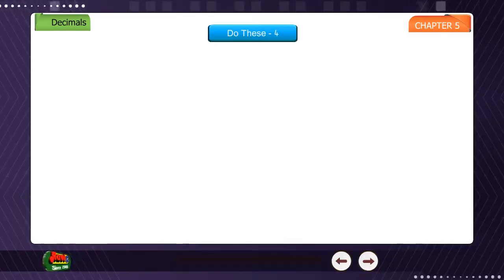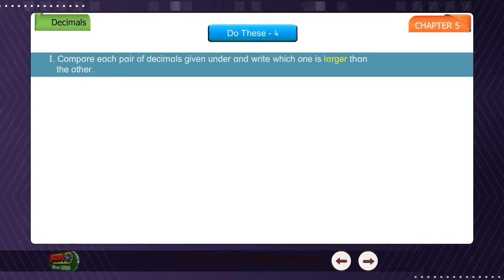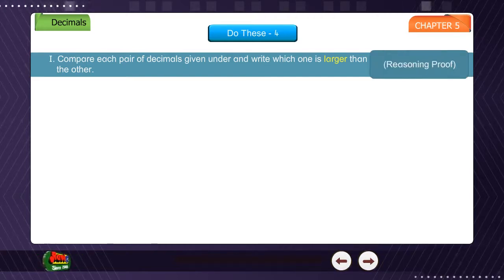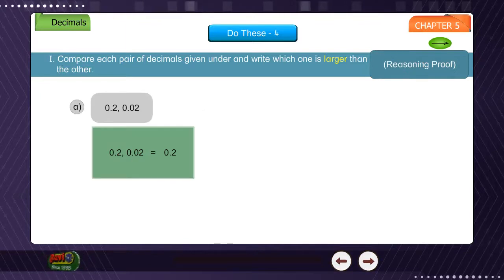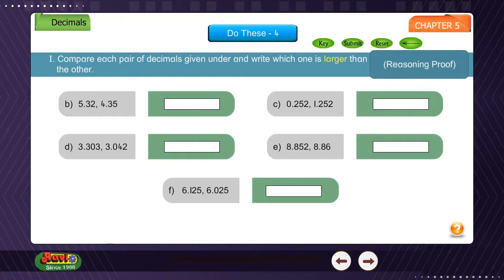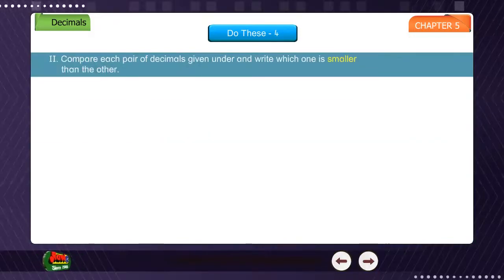Do these 4. 1. Compare each pair of decimals given under and write which one is larger than the other. Reasoning proof. Two. Compare each pair of decimals given under and write which one is smaller than the other.